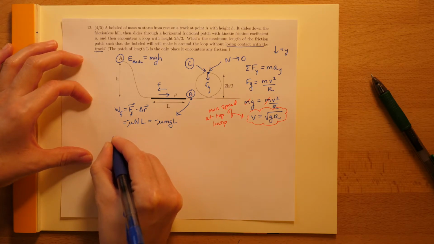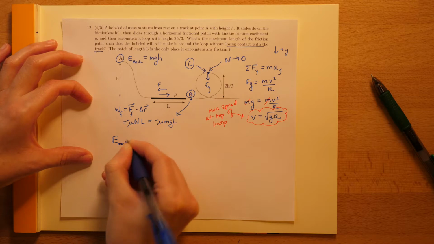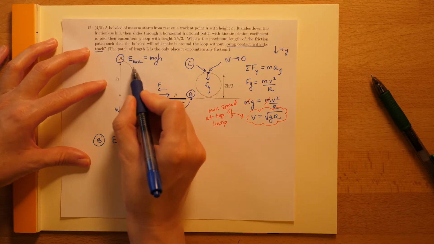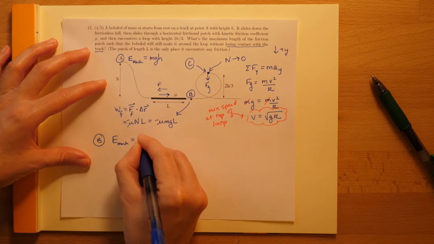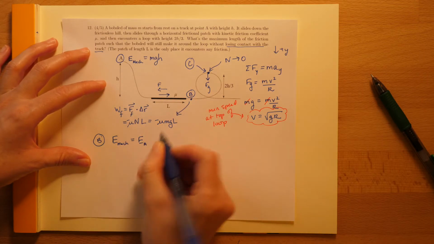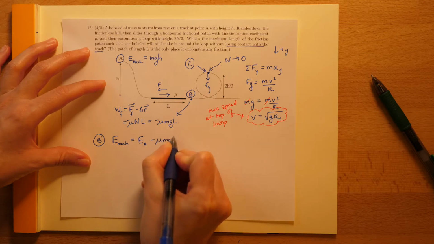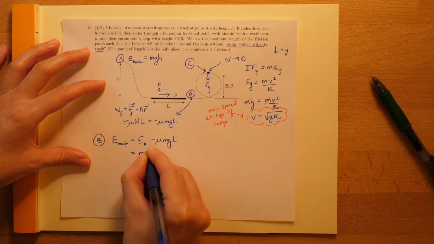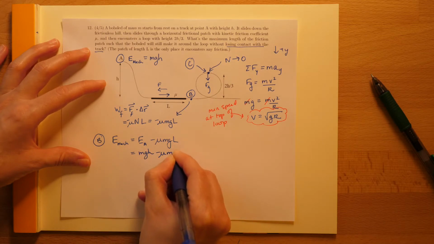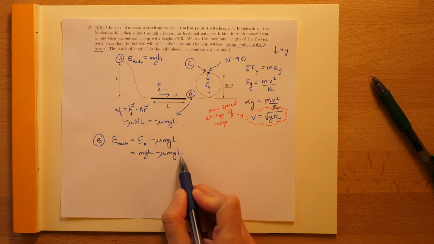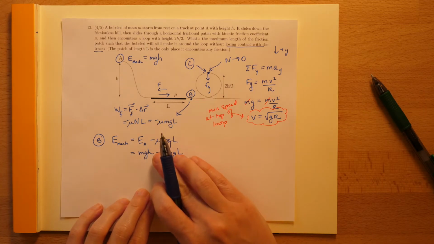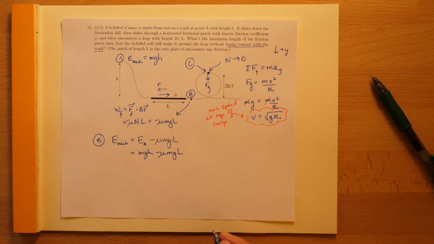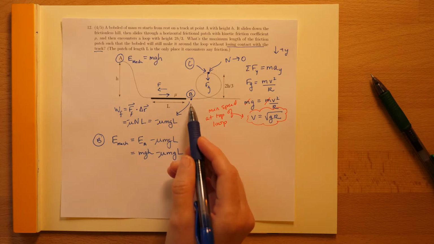So the mechanical energy at point B has to be equal to the mechanical energy at point A minus mu mgL, because we need less energy afterwards. So this will be mgh minus mu mgL. If L is 0, if there's no friction patch, the energy at A is just the energy that we had at B. Okay, so that's the energy at B.